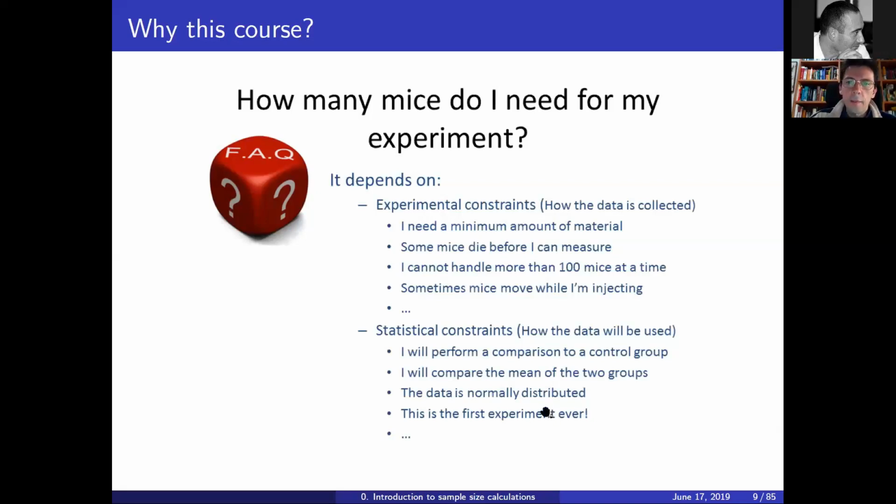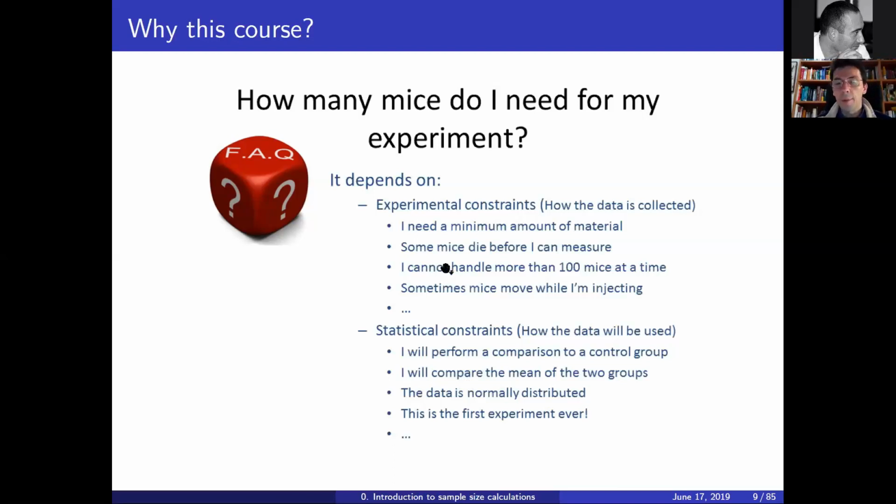And then here you have questions like you will perform a comparison to a control group, or you will compare the mean of 2 groups, or the data is normally distributed, or this is the first experiment ever, so you don't know the variability at all, or whatever. And the final sample size is a combination of the two.